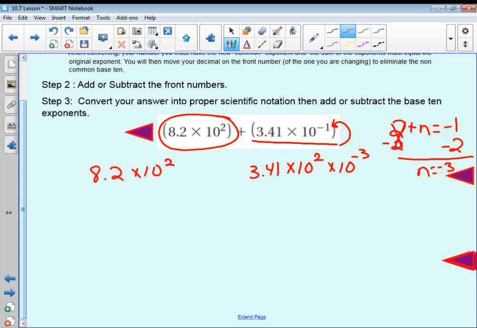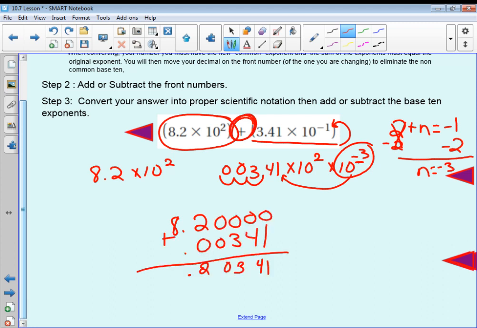Okay, so now we have to use this and convert here. So I'm going to go -3 places on this. 1, 2, 3. So now I have 8.2, we were adding plus 0.00341. Put my zeros in there. Now I'm going to go ahead and add: 8.20341.